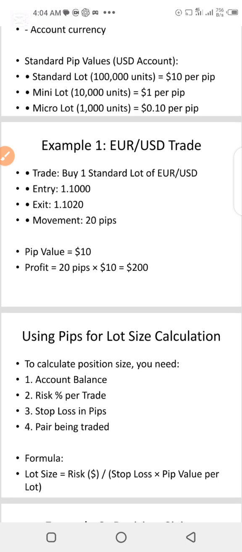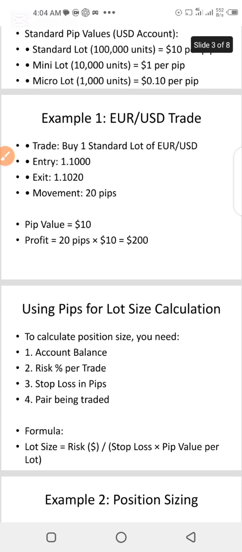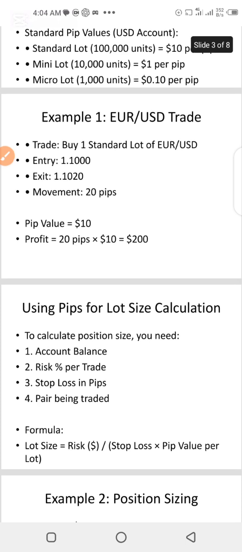Example, EUR/USD trade: buy one standard lot size of EUR/USD. The entry should be 1.1000. We'll go into the practical, you understand this aspect. Say the price moves to 1.1020, which means the 20 that tops up the first entry at 1.1000 is 20 pips. Now, pip value is $10 because we used the standard lot size.